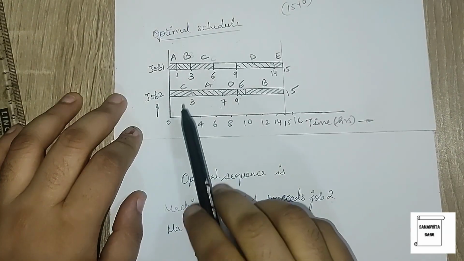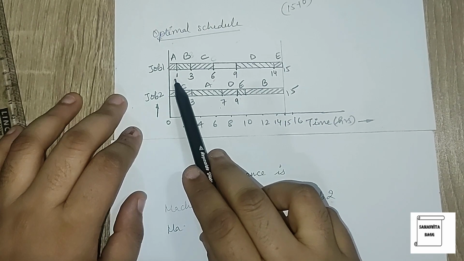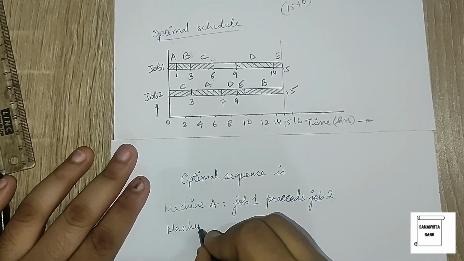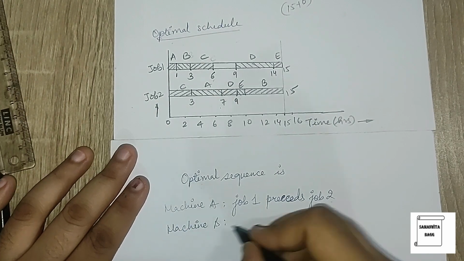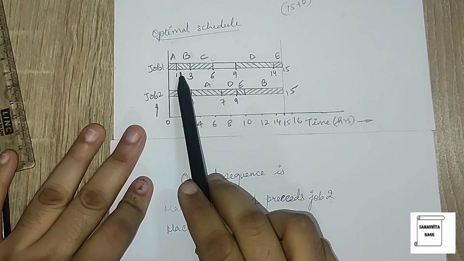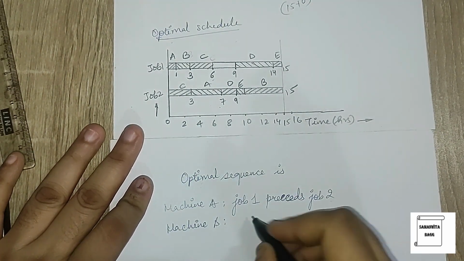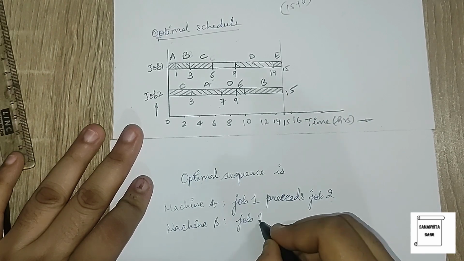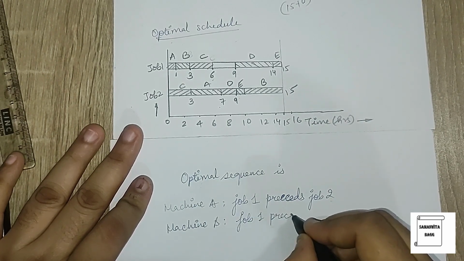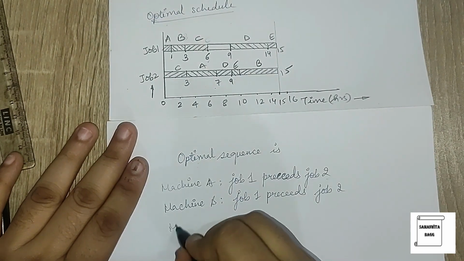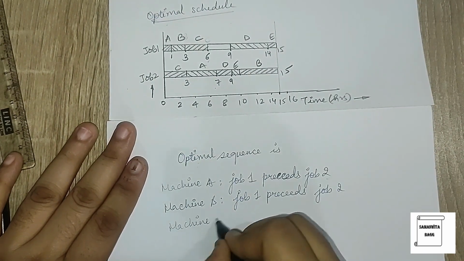So you can see machine A, job 1 will be done first and then it will go for job 2. Next we'll write for machine B. For B, job 1 will again precede job 2 because you are doing first the job 1 then job 2. So here again I'll write down job 1 precedes job 2.